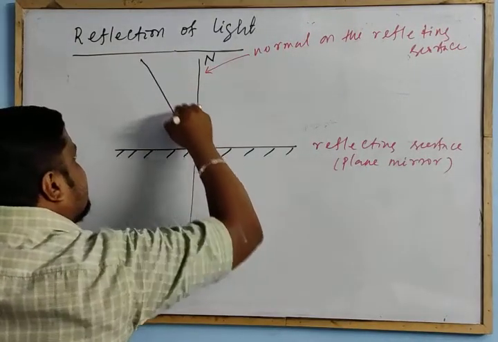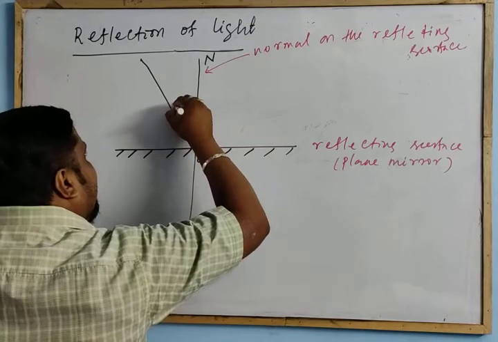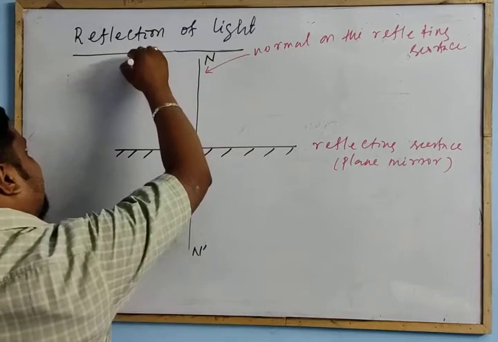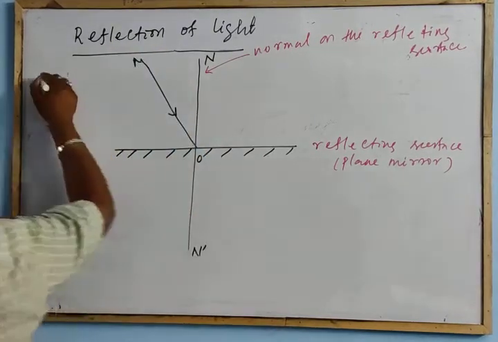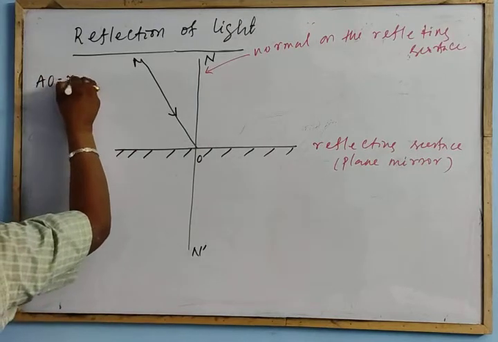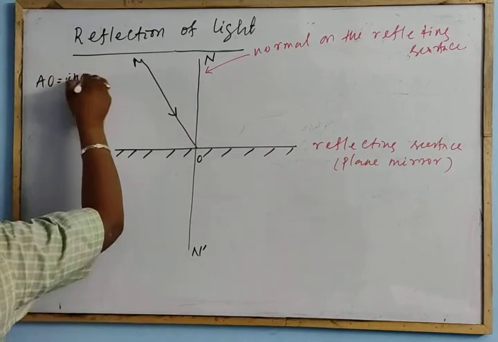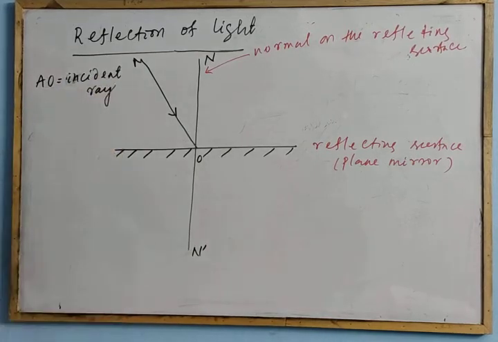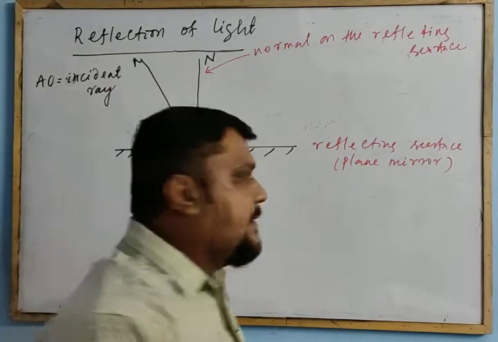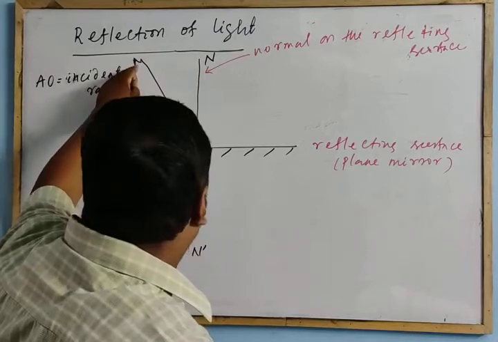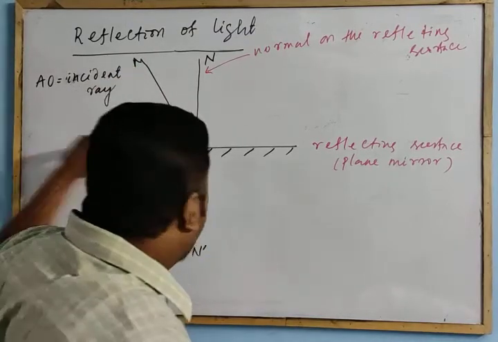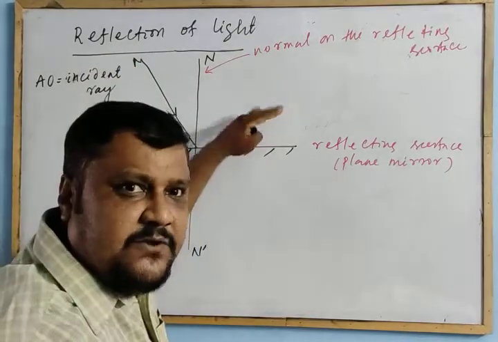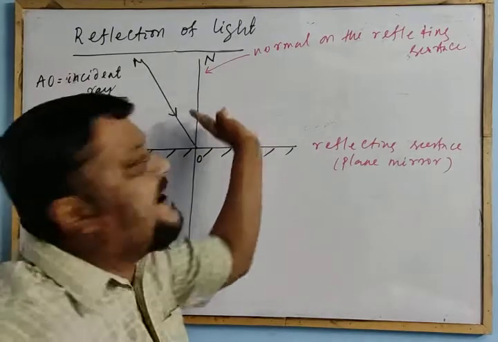Next, the other thing is that this is a ray incident on the reflecting surface, AO. So AO is called the incident ray. When the ray AO is incident on this reflecting surface, it is the phenomenon of sending back light in the same medium.